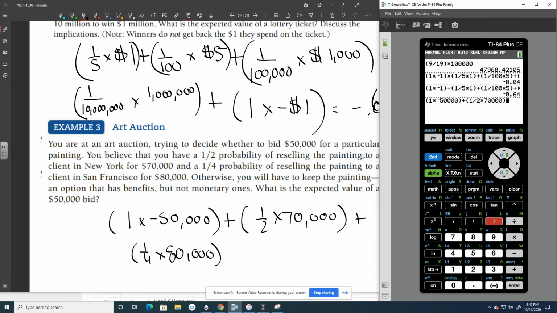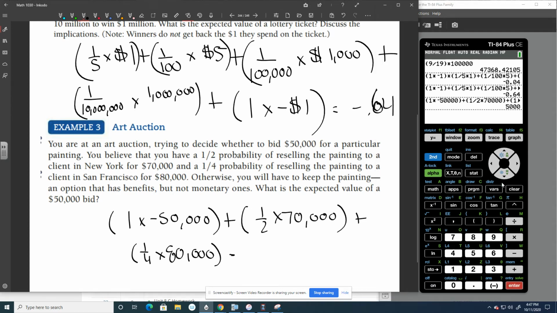You believe that you have a 1 in 2 probability. So you think you have a 50% chance. Hopefully your intuition is strong on this one. And then you have a 1 in 4 chance of selling it for $80,000. So what is your expected value? Your expected value would be $5,000.